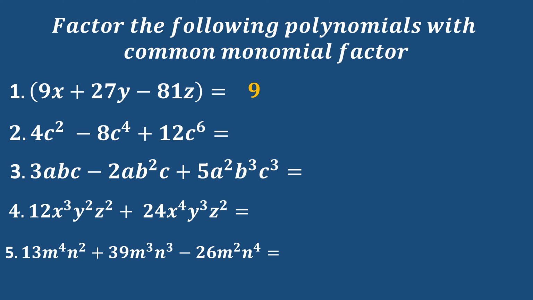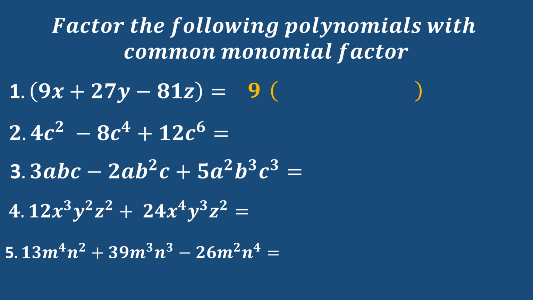And since we will be getting the factors, we have to prepare two sets, no? So what should be the number multiplied to 9 in which the answer will be the terms inside the parentheses? What shall we do with that 9?